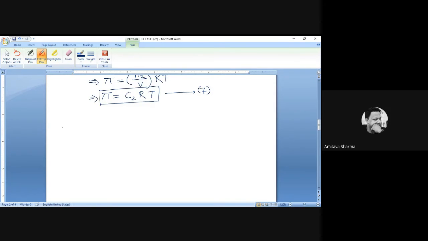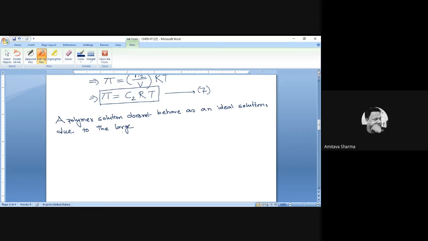So that's why we can say a polymer solution does not behave as an ideal solution, probably due to the large molar mass.